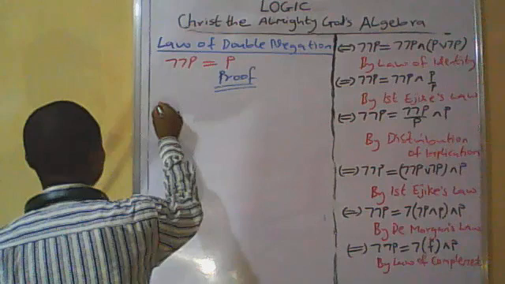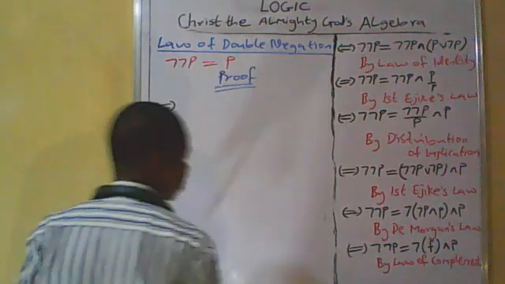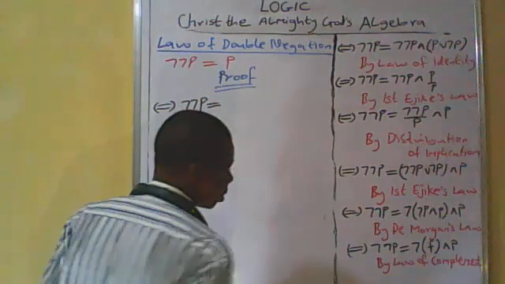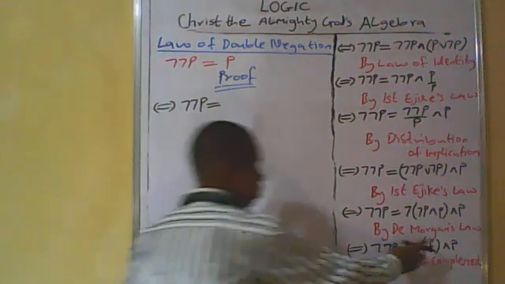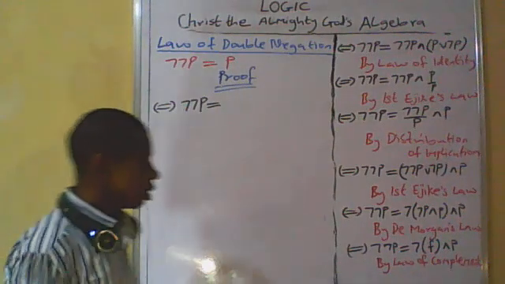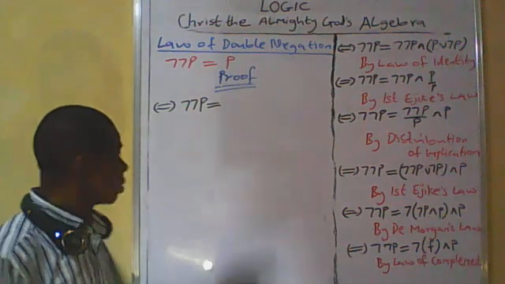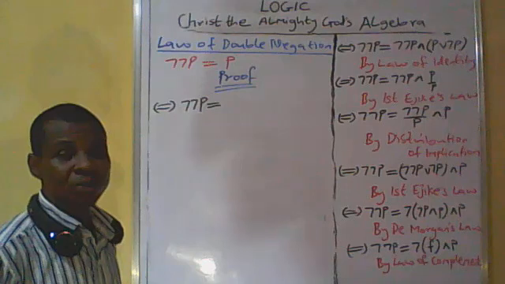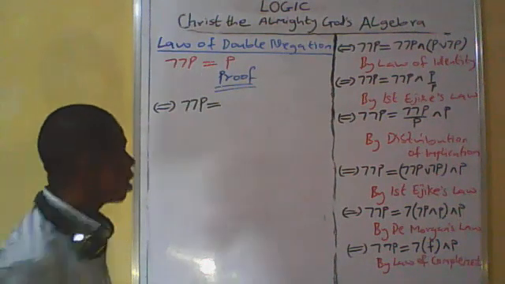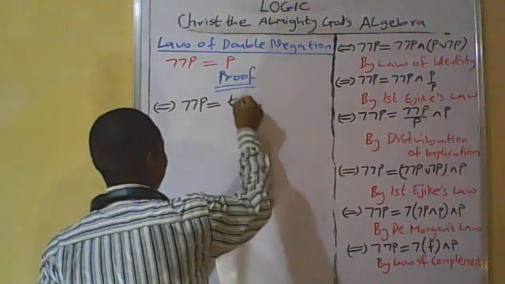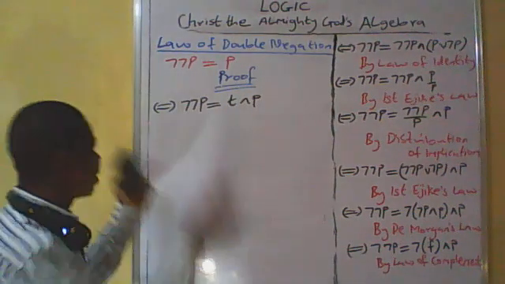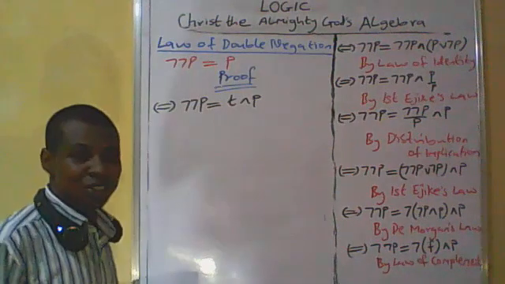So if and only if not P is equal to, now the negation of the F constant is T. The negation of the F constant is T. So we have T and the P, and that's still logically equivalent.